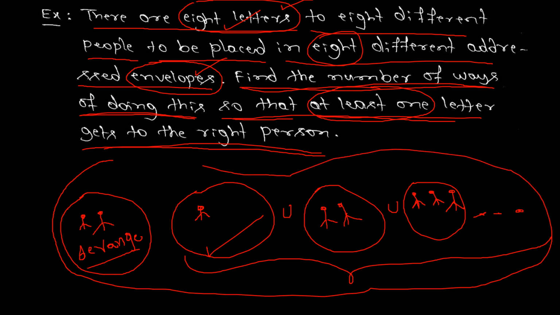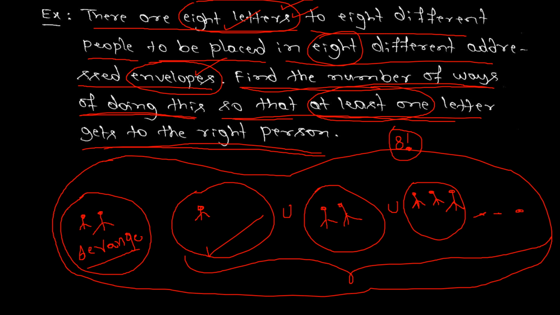Since we have 8 letters, total number of possibilities will be 8 factorial. In 8 factorial ways of permutations, we can distribute the letters to envelopes. Now what we want is the at least one part.